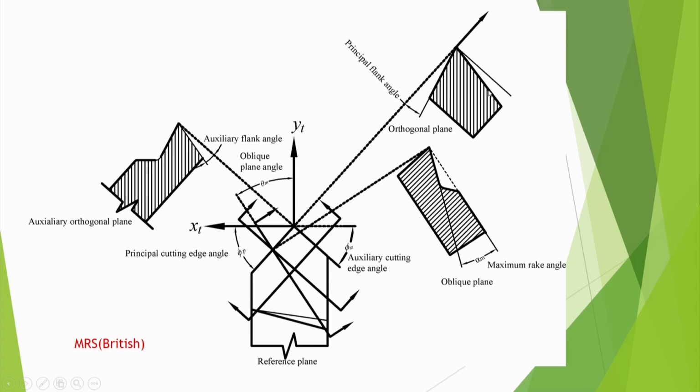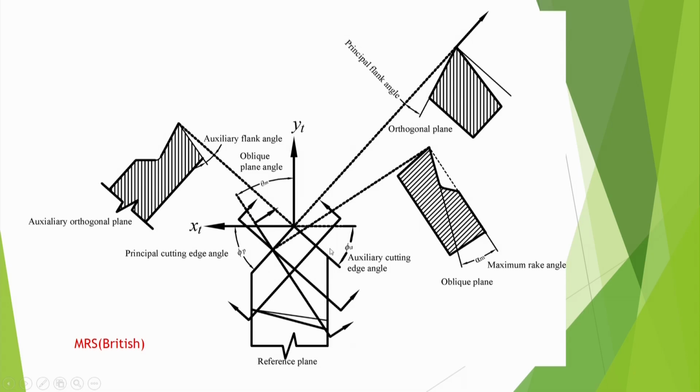There is of course a relation between systems, but you have to specify only 6 angles. So 6 angles are sufficient. In ASA system also I am specifying 6 angles and one nose radius. These 7 elements provide the tool signature. So similarly here also I have to give 6. So why would I tell the orthogonal rake angle when I am telling the maximum rake angle in this plane?